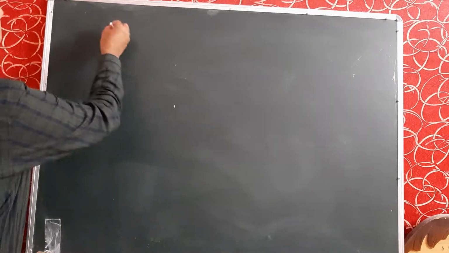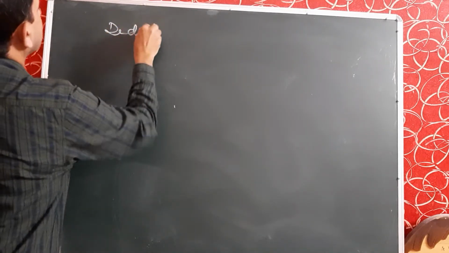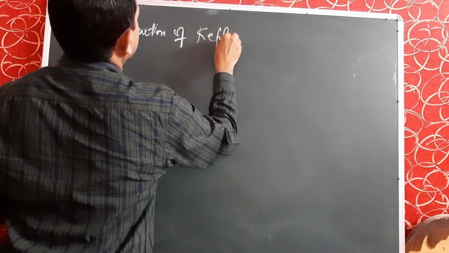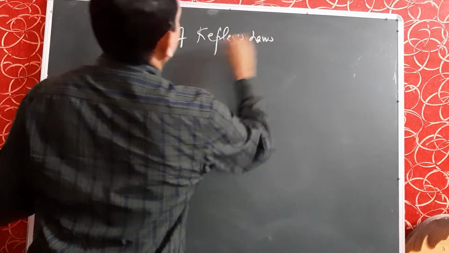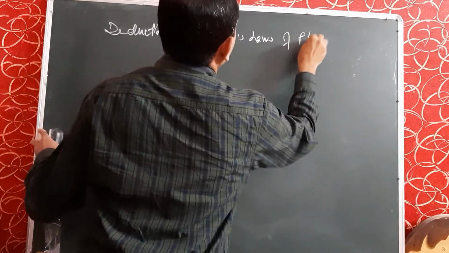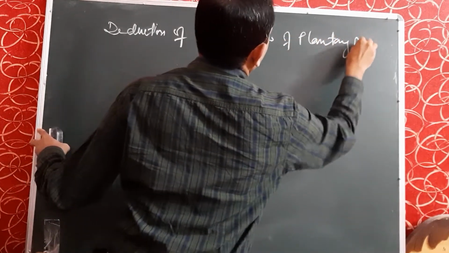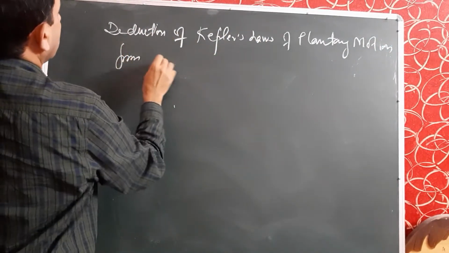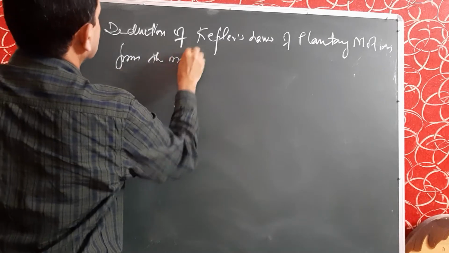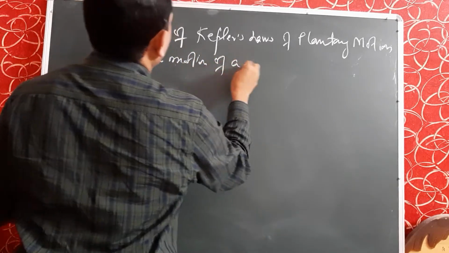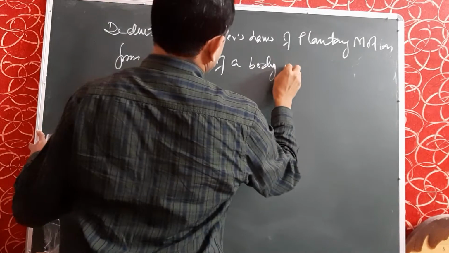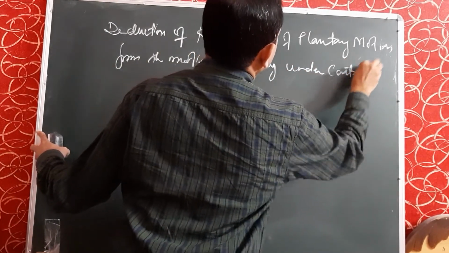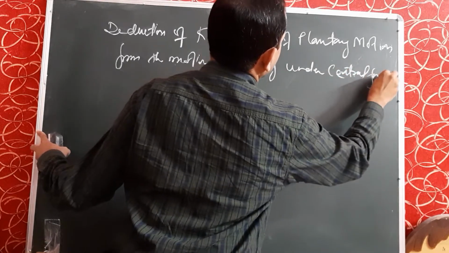So, one article is deduction of Kepler's laws of planetary motion from the motion of a body under central force or inverse square force.